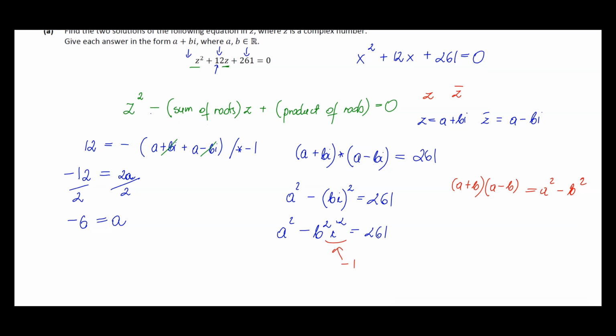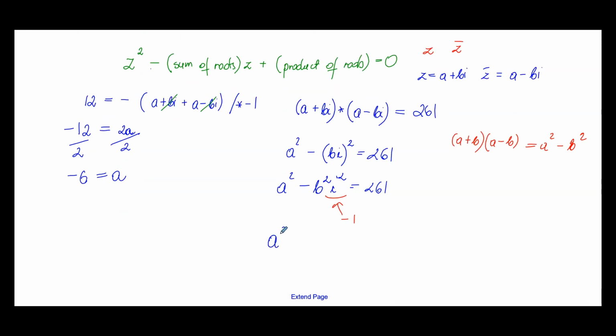So if we change that, I have a squared minus b squared times minus 1. Well, that means, what happened here? I forgot about power of 2. So that means I have a squared plus b squared equal 261.